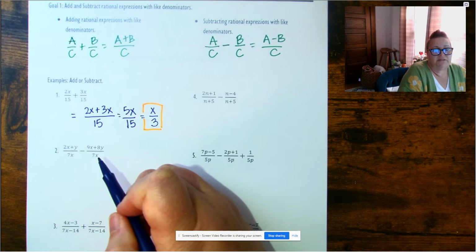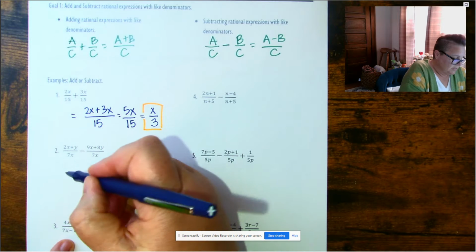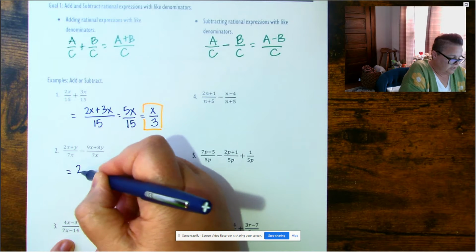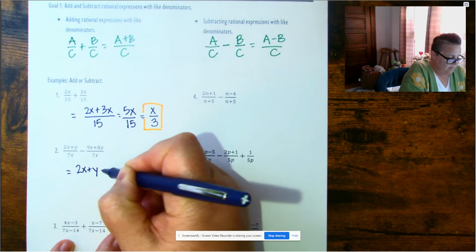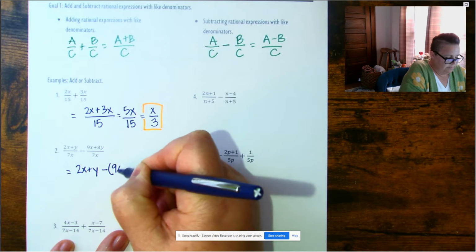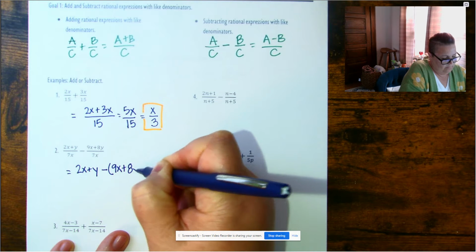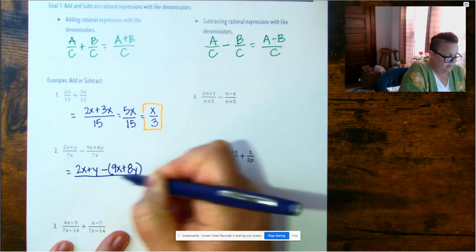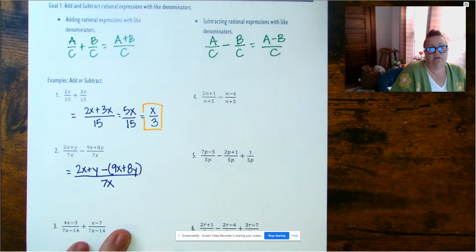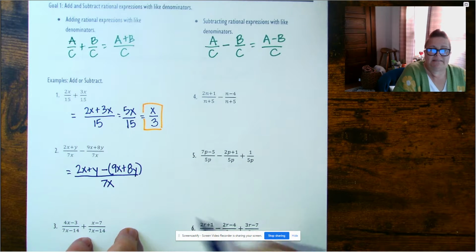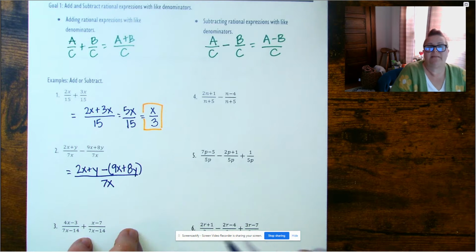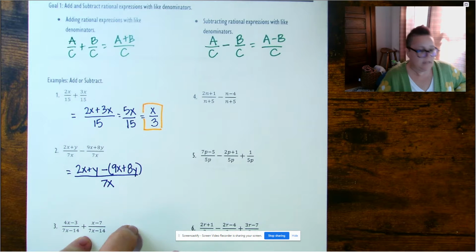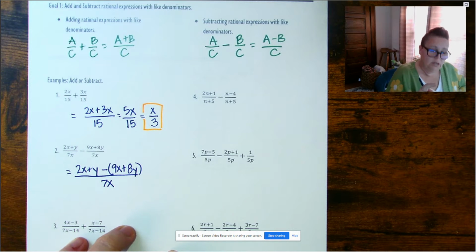Second problem, do you have a common denominator? Both denominators are the same at 7x. So this would be the same as 2x plus y minus 9x plus 8y over 7x. But Amy, you put that second one in parentheses. Yes, I did. Because you need to remember that you want to distribute that negative.